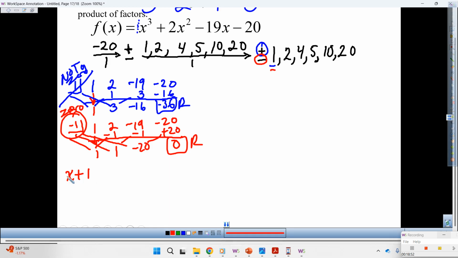Because if I put this equal to 0, doesn't that give me negative 1? Yes. So my first zero is that. Are we there so far? Okay. Next. What do we have left, Mr. Q? Well, let's see. We started with what degree? Third. That means this one becomes what? X squared. How about that? X and then minus 20.